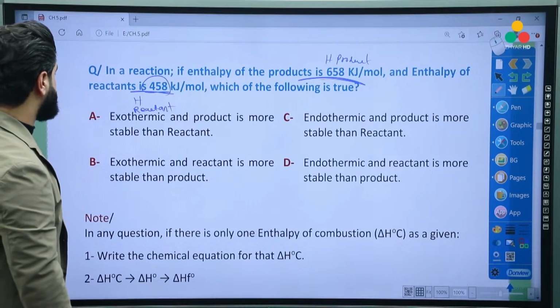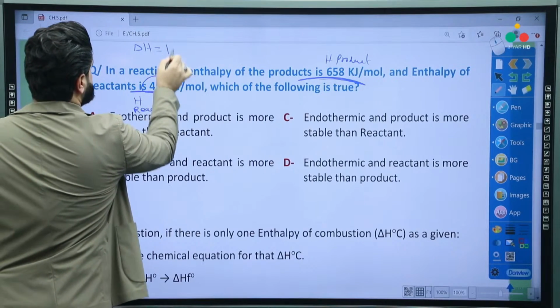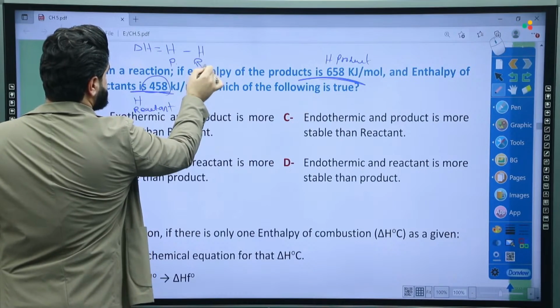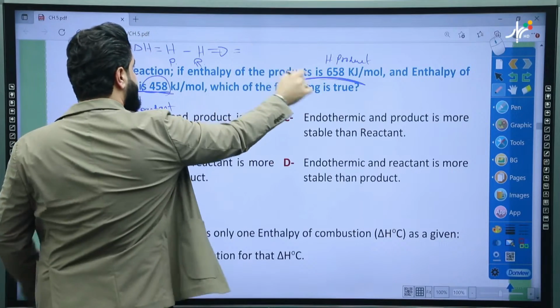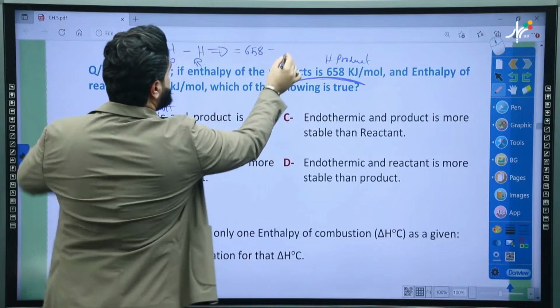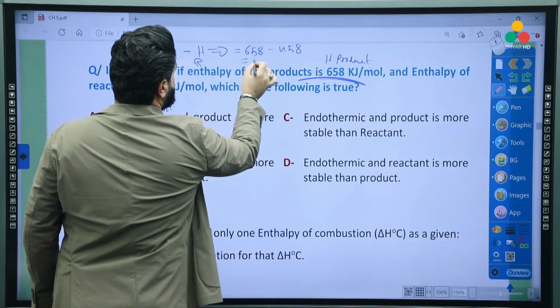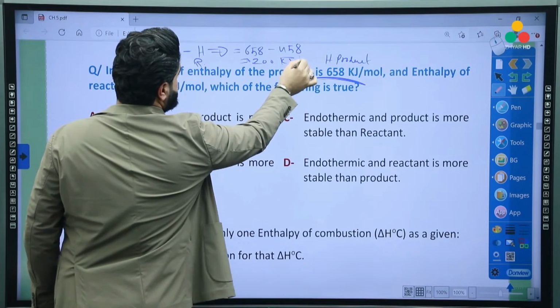Which of the following is true? Let's get the value of delta H. Delta H equals H for the product minus H for the reactant, equals 658 minus 458, equals positive 200 kilojoules per mole.